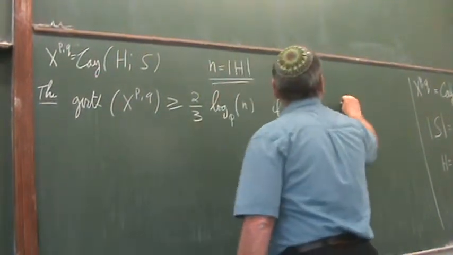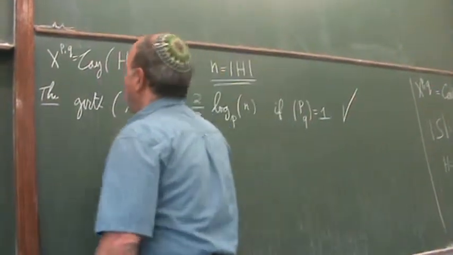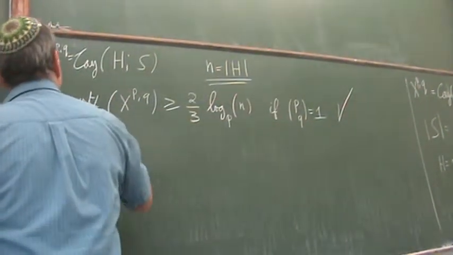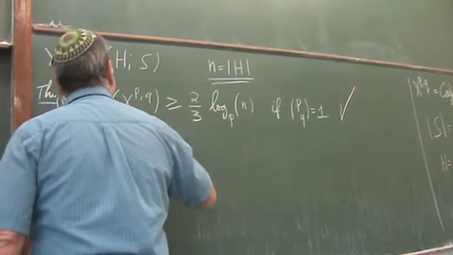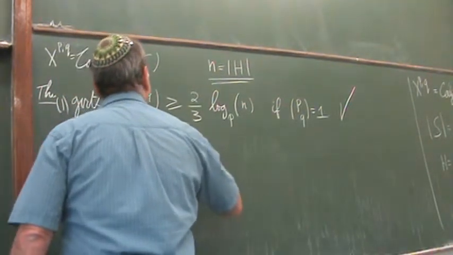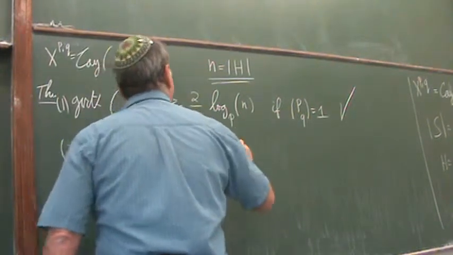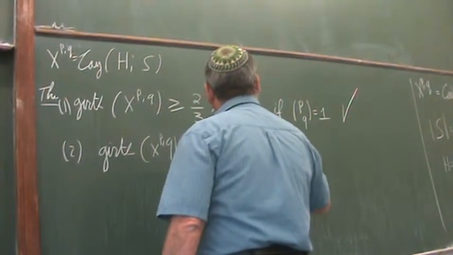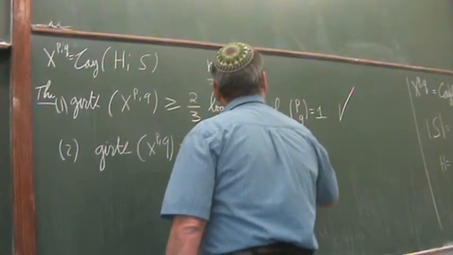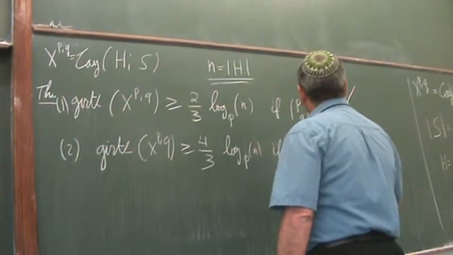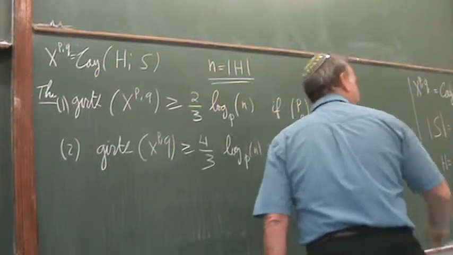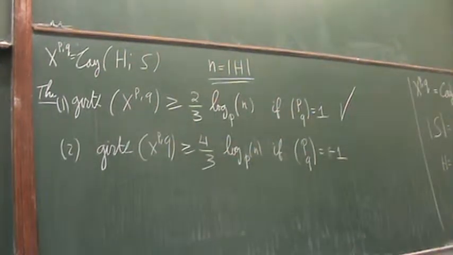And this we proved. And the second part is that the girth of X_{p,q} is greater or equal to 4/3 log_p of N if (p/q) is minus 1. And this we didn't finish.